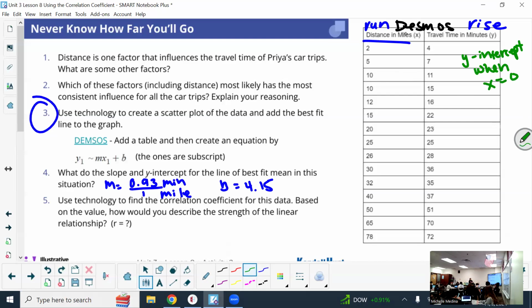So look at what x was. It was her distance in miles. Look at what y was. It was her travel time in minutes. So we're saying that her minutes traveled is 4.15 when she's gone 0 miles. So think about that. Why would that make sense?